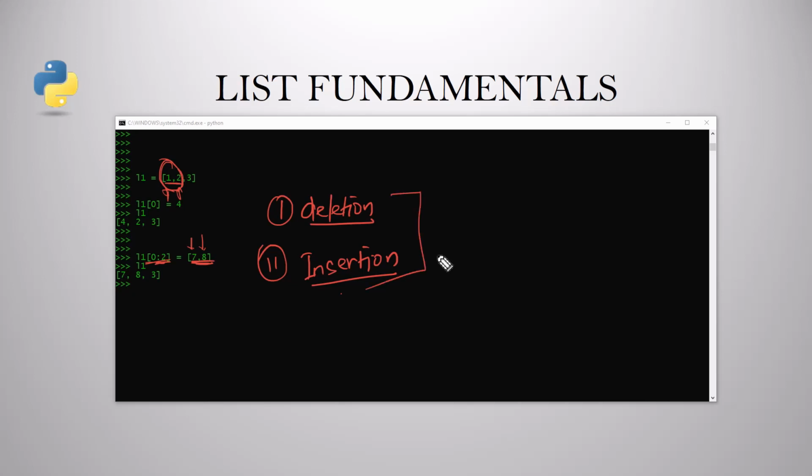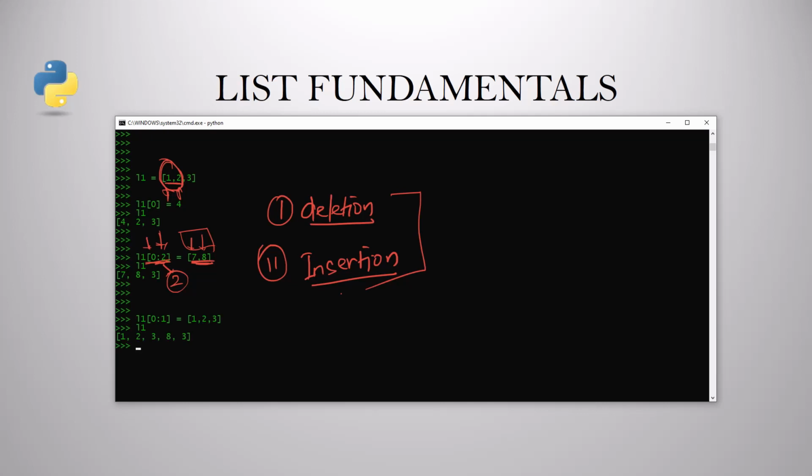This isn't what really happens, but it can help clarify why the number of items inserted doesn't have to match the number of items deleted. So if we give L1[0:1], we are taking only one element and we put here 1, 2, 3. If we print L1, we will get 1, 2, 3, 8 and 3.